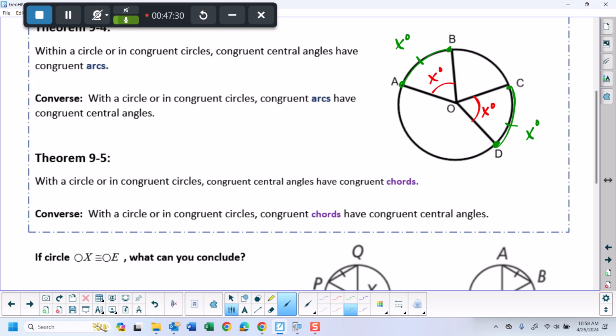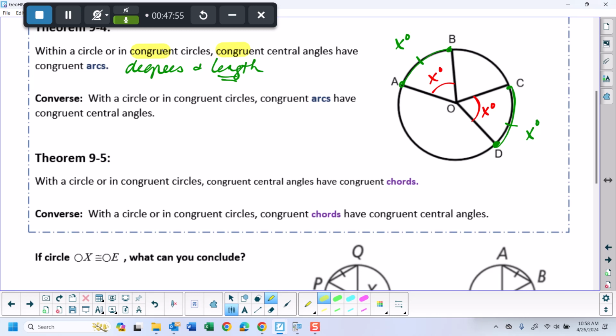By congruence, they're going to have the same distance. They're going to have the same measure. So when we measure arcs, it's in both degrees and length. And the reason why we're talking about length is because we're told that our circles are congruent. So those arcs will have the same distance.